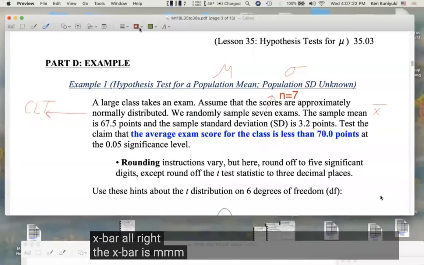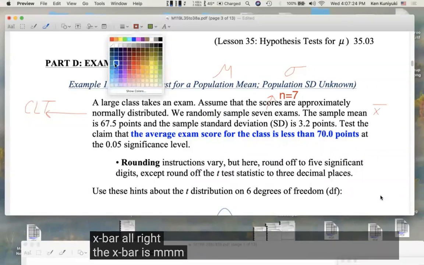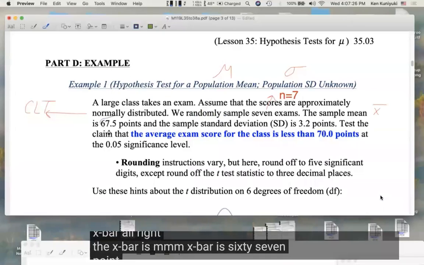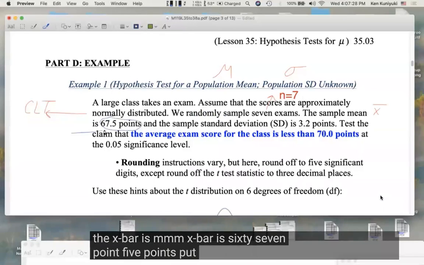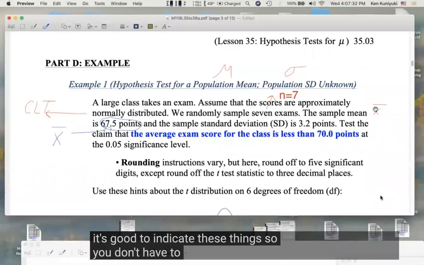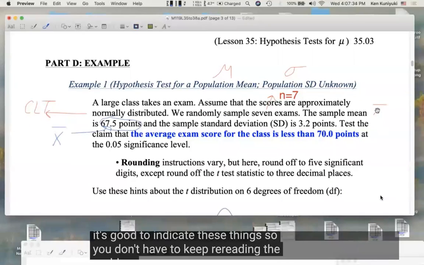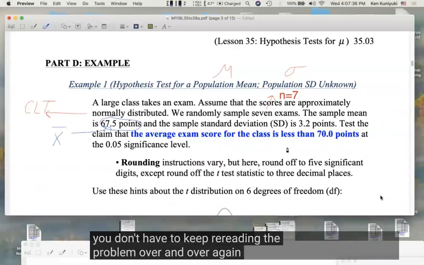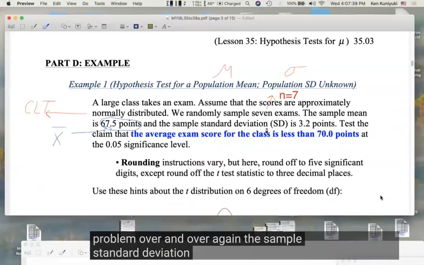The x bar is 67.5 points. Put that over here. It's good to indicate these things so you don't have to keep rereading the problem over and over again. The sample standard deviation is 3.2 points.